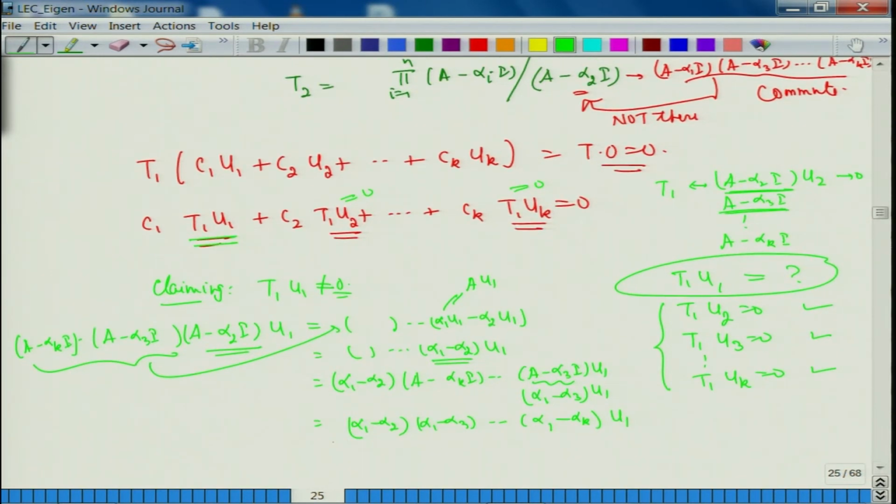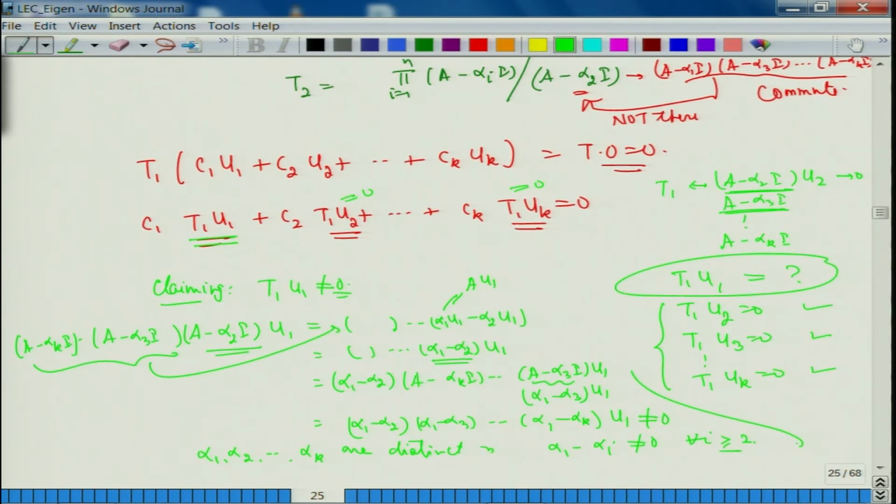And we have taken that alpha 1, alpha 2, ..., alpha k are distinct, and this implies that alpha 1 minus alpha I is not equal to 0 for all I greater than or equal to 2, and therefore this vector is not 0.